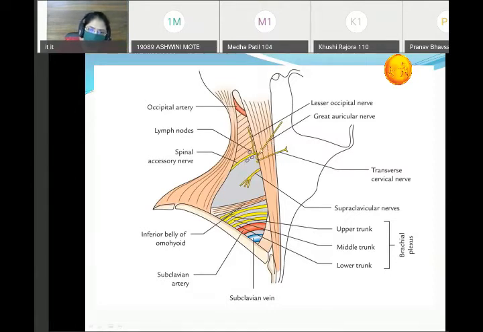It pierces the sternocleidomastoid, runs downward, backward in the triangle and it goes just below the trapezius. So this is the 11th cranial nerve, the spinal accessory nerve, which is forming the main content of the occipital triangle.